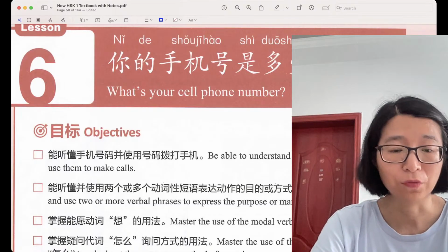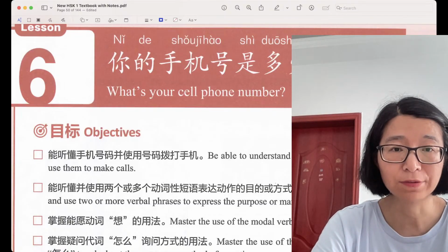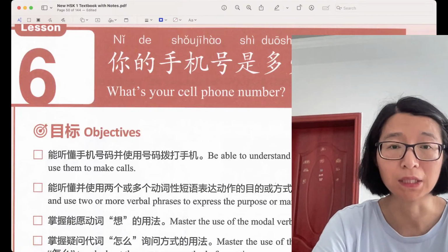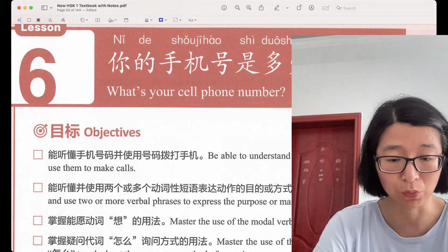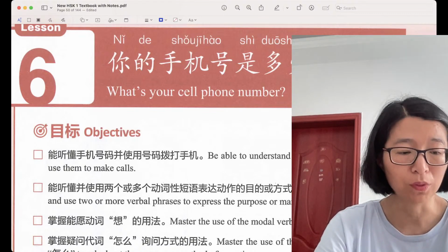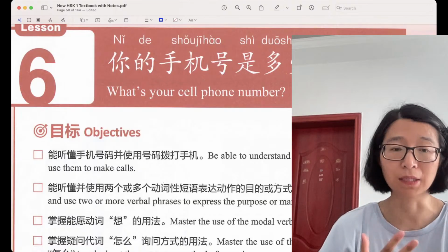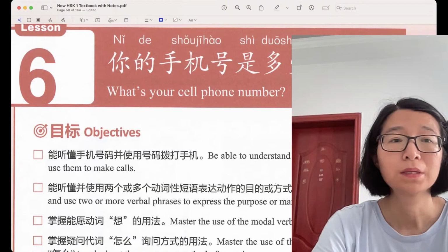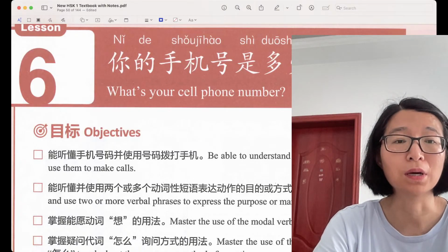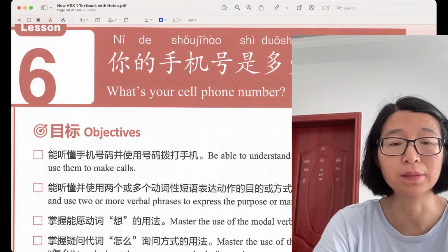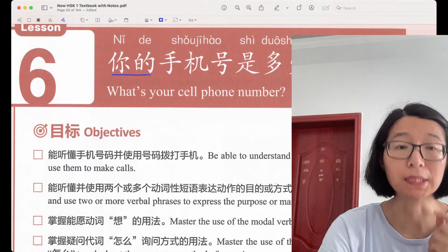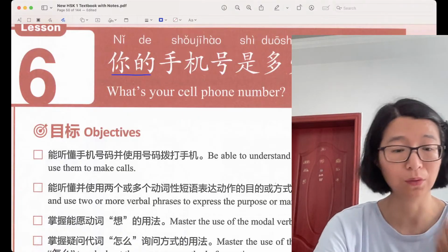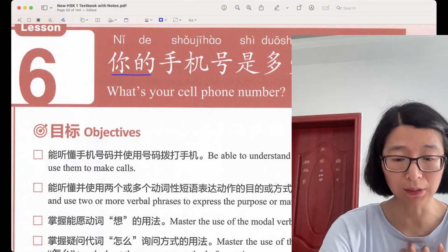So for lesson 6, let's first see the title. 你的手机号是多少? What does that mean? 你的 means your. 你 means you. 你的, 我的, so you know the word 的.